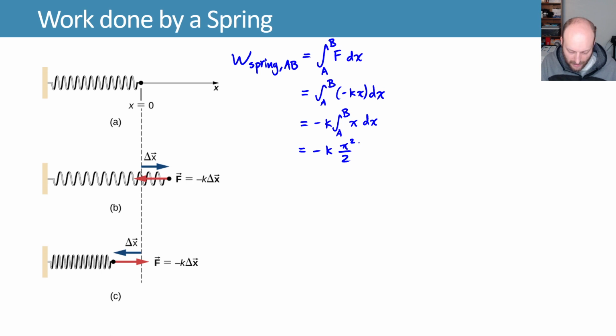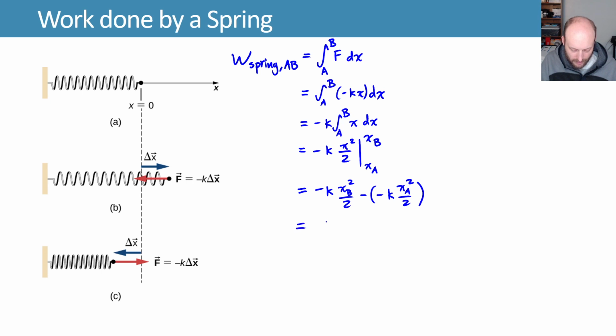And then we evaluate that between our limits of our initial position xa and our final position xb. As we do that, we get negative k times xb squared over 2 minus negative k times xa squared over 2.